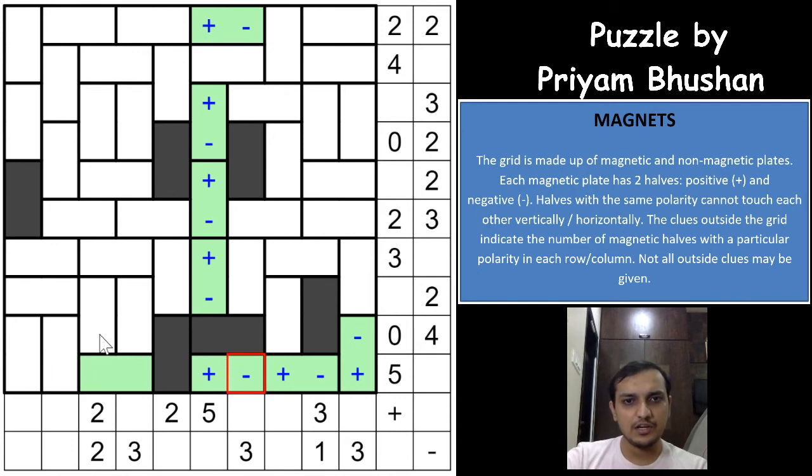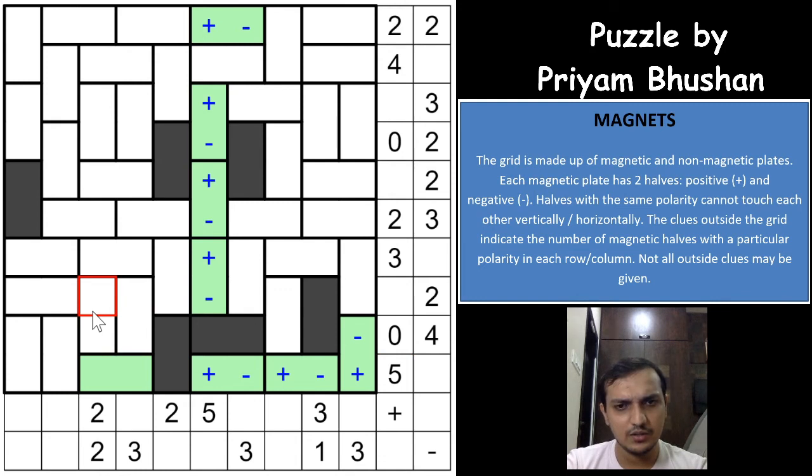You cannot have a negative here. For the negative, okay, nothing here much. Do we get anything else, guys? Let's see. So this has to be a negative and a positive. Okay, possible. This has to be negative, positive, negative, positive, again possible.